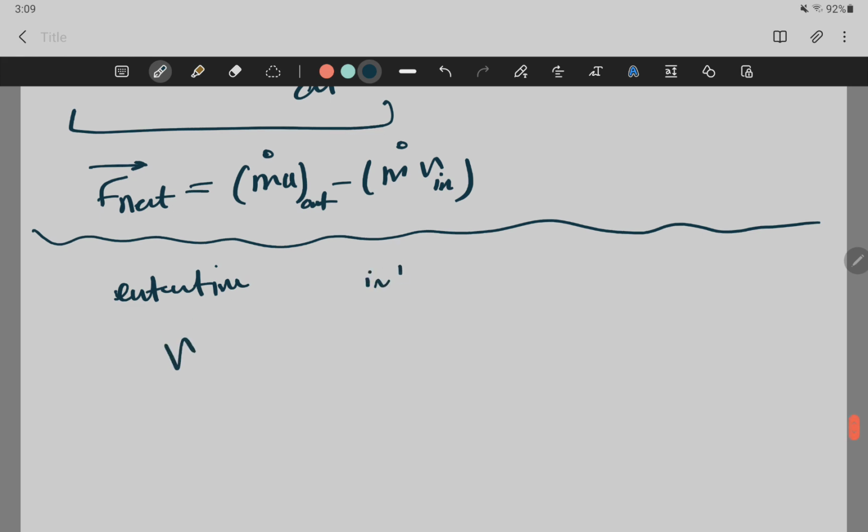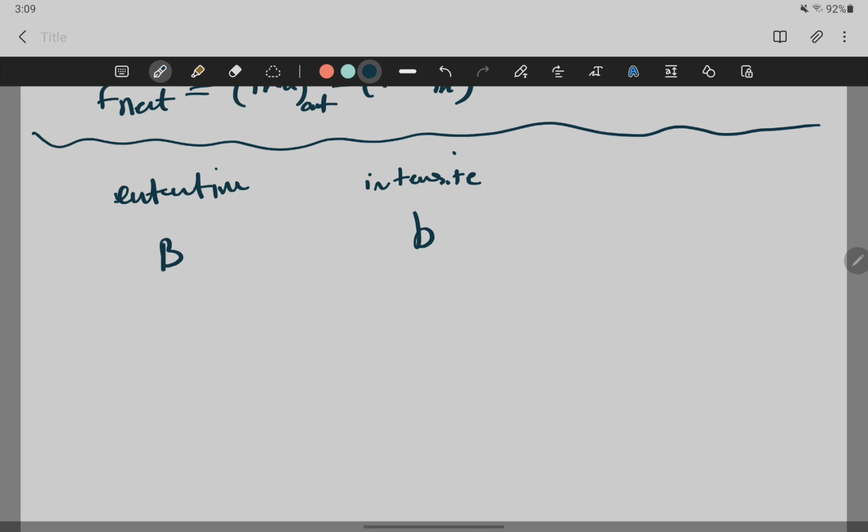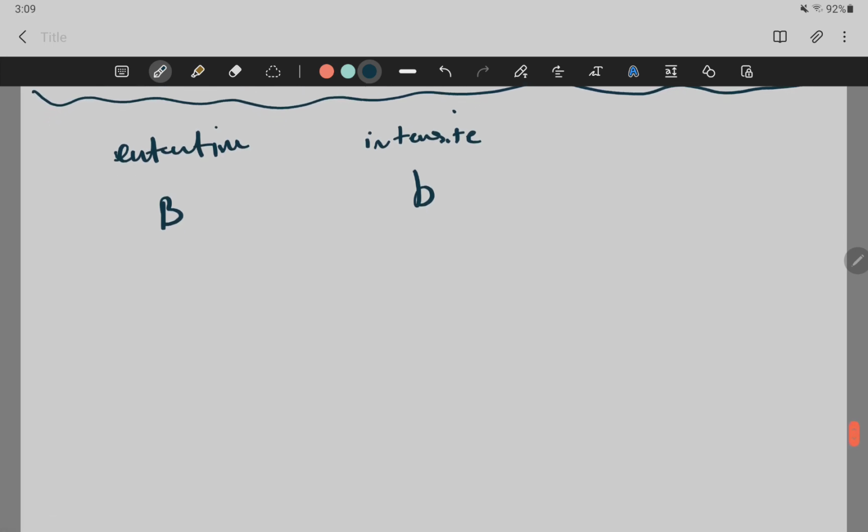For intensive, let's do energy: your intensive property is going to be energy divided by mass. Let's call the extensive property a regular B, and the intensive one a small b.